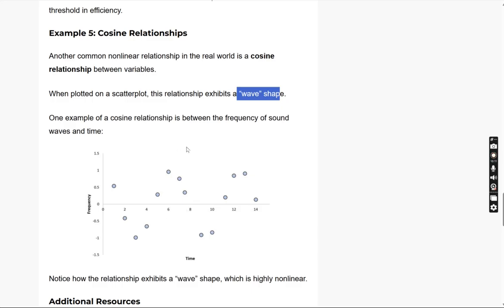A heart rate pattern will increase, decrease, and then go down, right? So those patterns we have to learn very well.